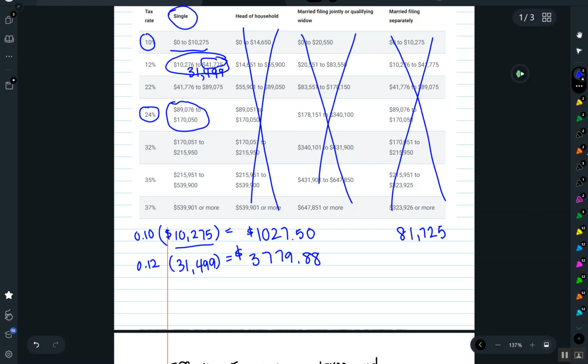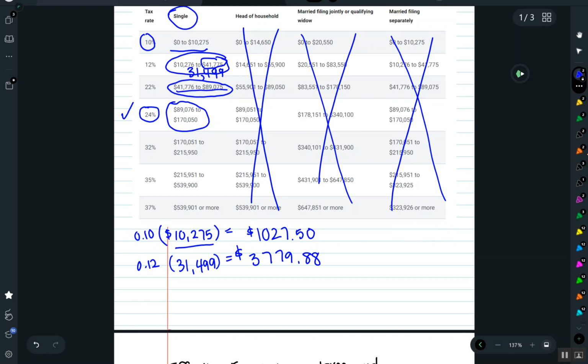Okay. All right. So that's up. So right now we've taxed up to $41,775. The first $10,000 was 10%. The next $31,499 was 12%. But we got to keep going. So now we're in here. We know we're going to stop at this one because our total of $92,000 was in there. So next, how much money is in this bracket?